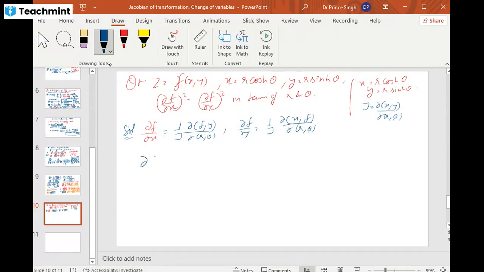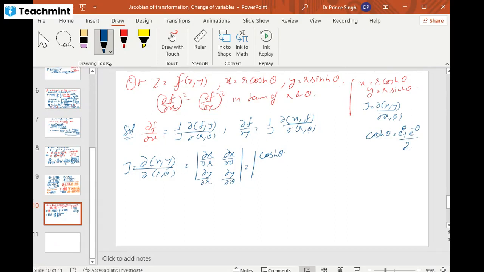So what is the Jacobian of x, y with respect to r, theta? Firstly we need to calculate J. So this is curly x upon curly r, curly x upon curly theta, curly y upon curly r, curly y upon curly theta. What is the derivative of x with respect to r? This is cos hyperbolic theta. And the derivative with respect to theta: cos hyperbolic theta is e raised to power theta plus e raised to power minus theta by 2, and sine hyperbolic theta is e raised to power theta minus e raised to power minus theta by 2.